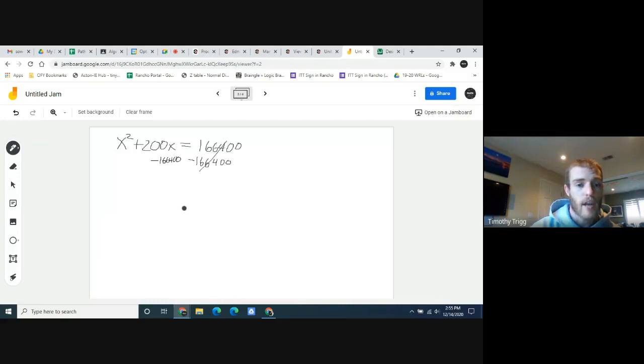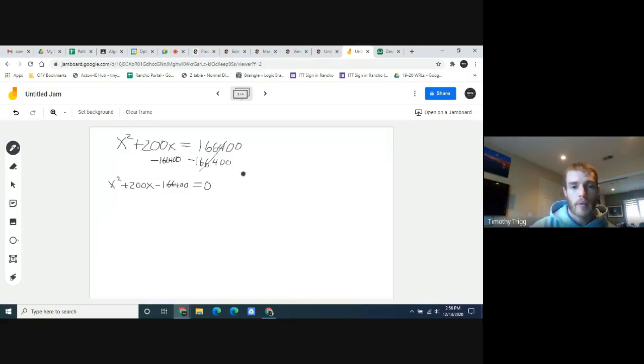Okay, cancels there, which gives us 0 on the right, which is what we want. So we have x squared plus 200x minus 166,400.